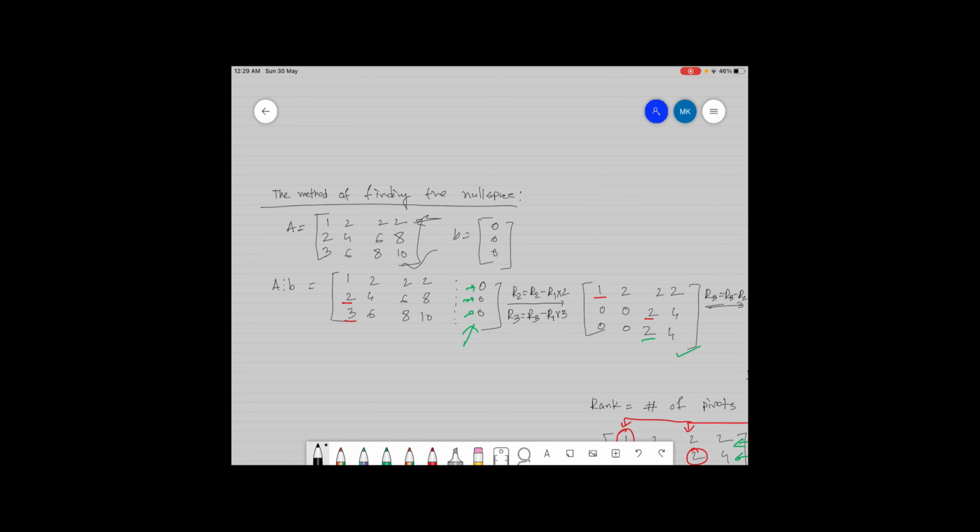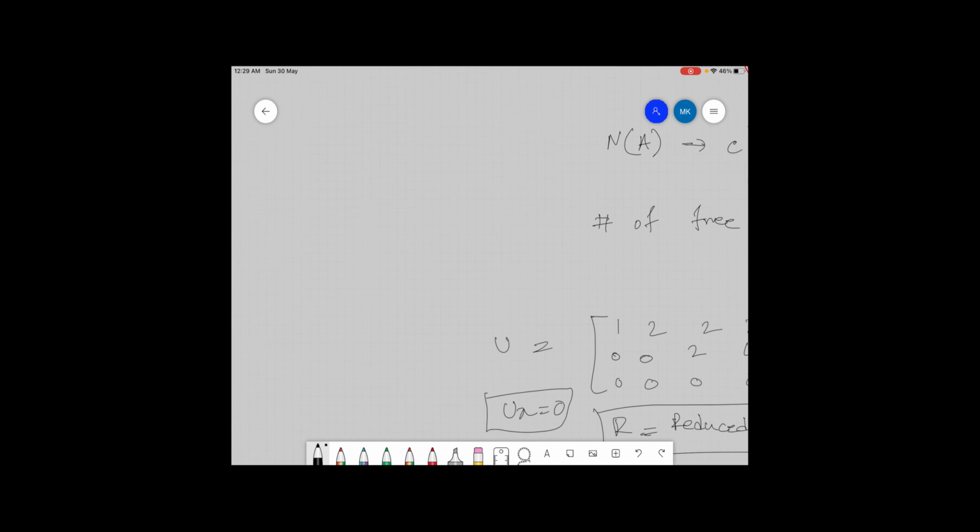If you add these two rows you will get the third row, and after the elimination process you discover that row 3 is a combination of row 1 and row 2. So after every elimination process, if there is a dependent row, you will see that it becomes all zeros.